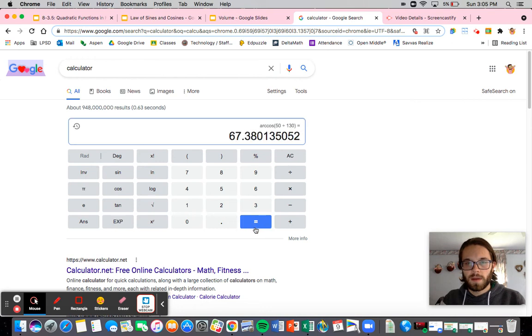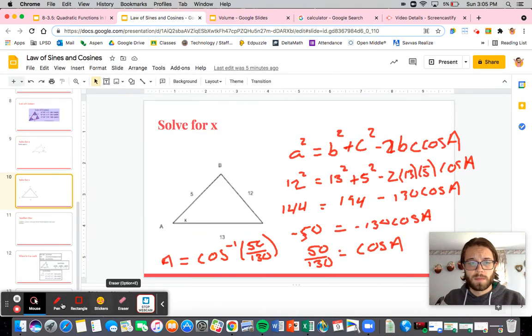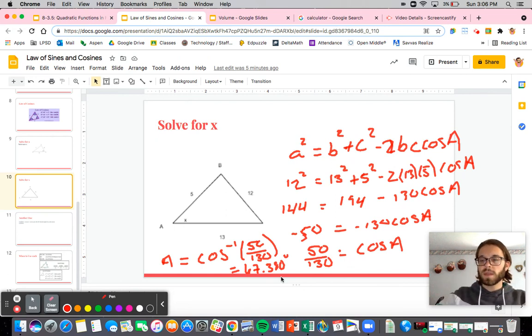All right, and there you get it, 67.380, and we're looking for degrees. And there you have it. So it's nothing crazy. It's just really a matter of making sure you plug in correctly. All right. Let's do one more for good measure.